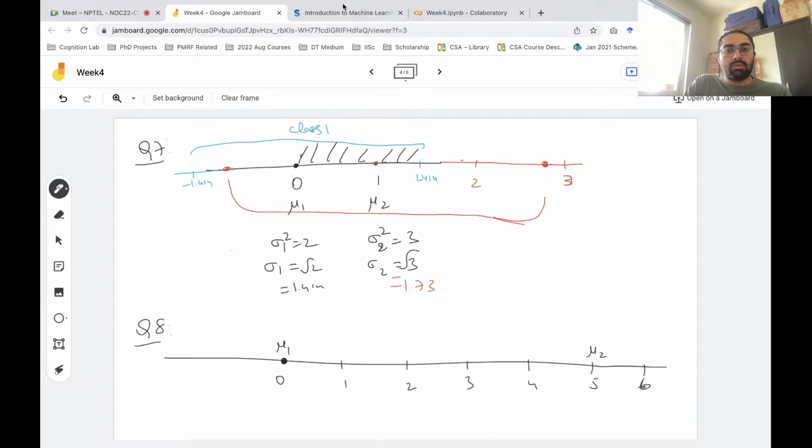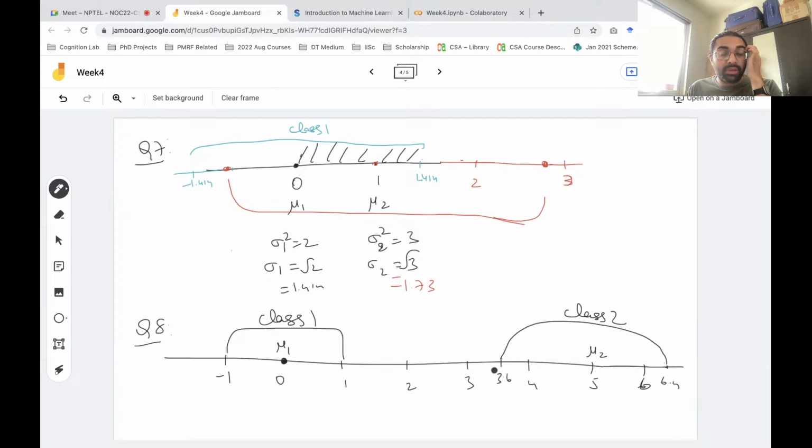Variance was what? 1 and 2, right? So 1 is basically from minus 1 to 1, and 2 would be something like 3.6 here and 6.4, something in this range, right? So if you see, you don't have much overlap here, right?